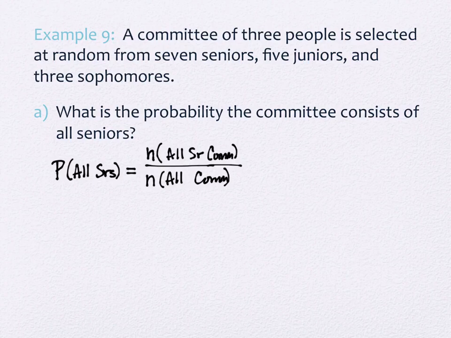So those are the 2 things we're going to find first. We're going to find the number of committees that have all seniors. Well, how many seniors are there? 7. How many am I choosing? 3. Do I have a permutation or a combination?